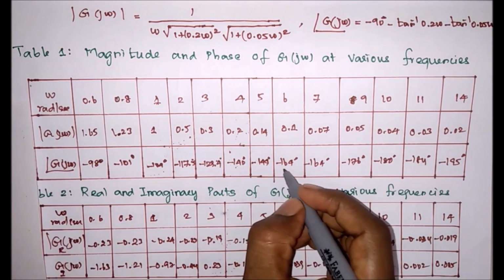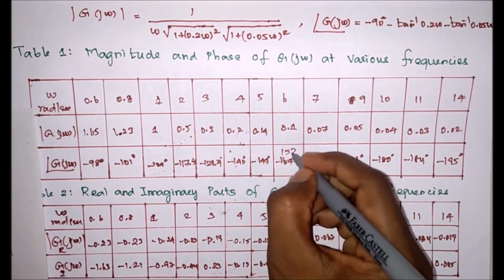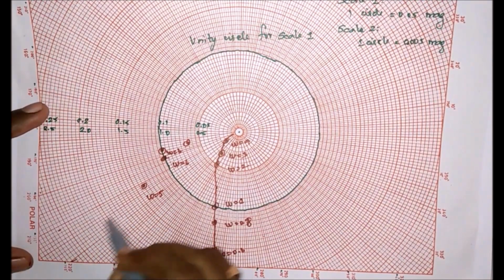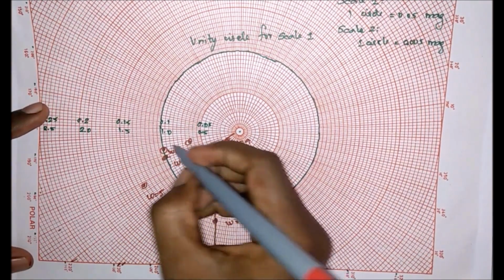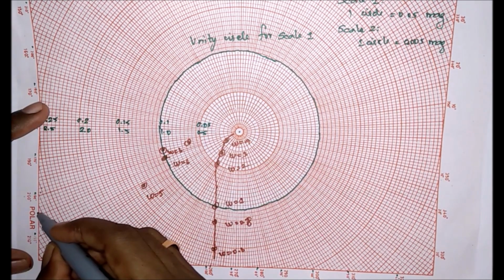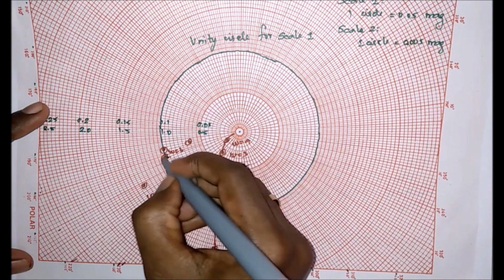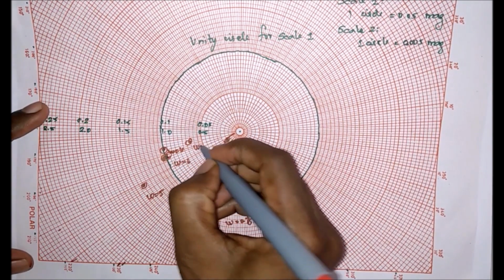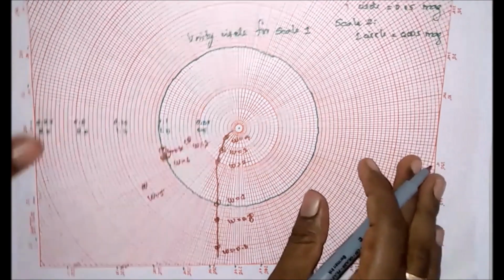Actually here 157 will come. So this is 150, 155, 6, 7. This is the point where omega equal to 7.